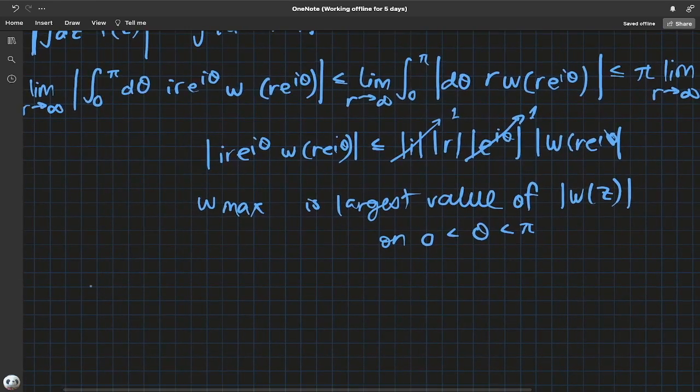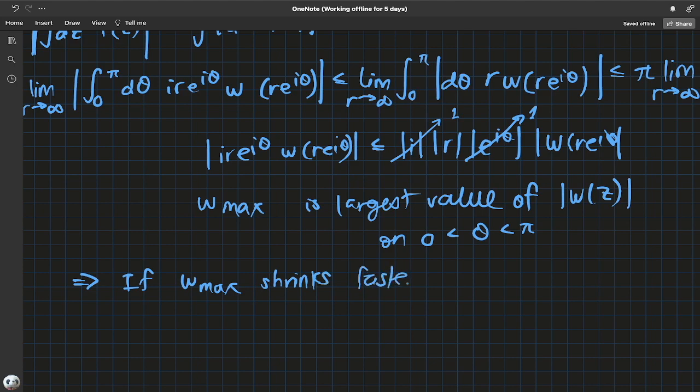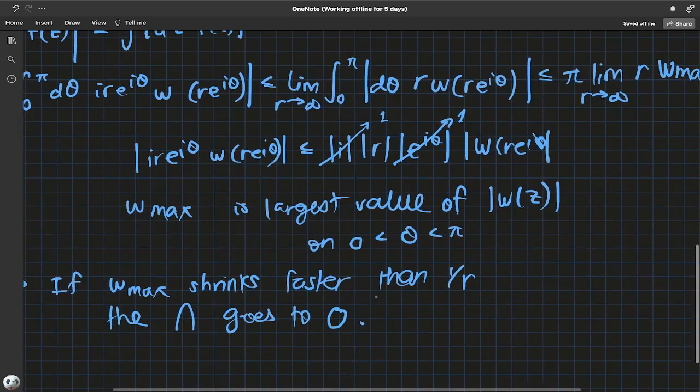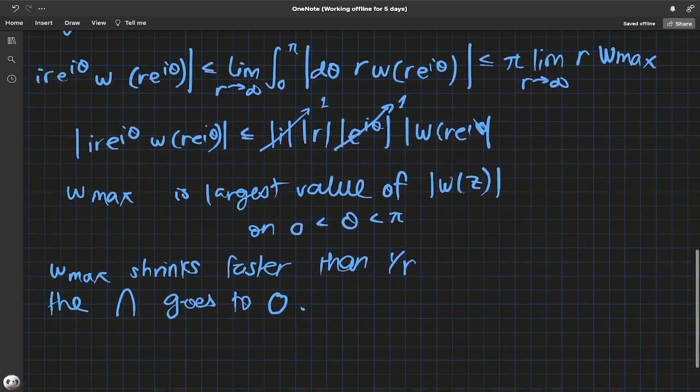Now it's obvious that if w max shrinks faster than or comparably to 1 over r, then the arc integral will go to 0, because look what's happening in the limit over here.